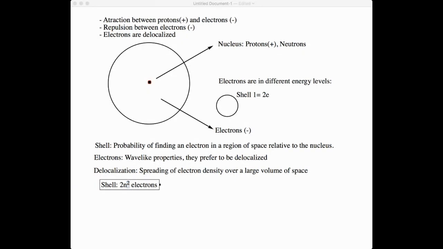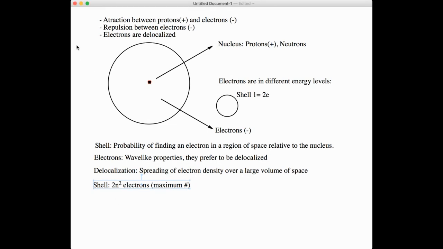And I'm going to emphasize here that's the maximum number. It doesn't mean that it always has to have that number of electrons. That's the maximum number of electrons that a shell can hold: 2n squared, where n is the number of the shell, the quantum number of the shell.